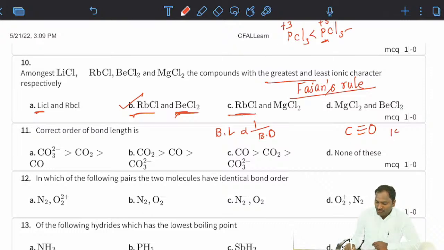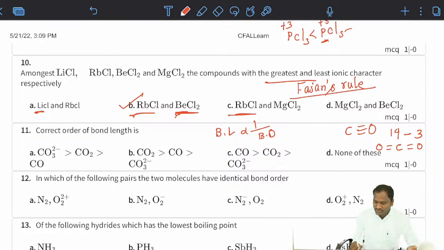Since it is having 14 electrons, carbon 6, oxygen contains 8 electrons, so total 14 electrons, its bond order is 3. In CO2 you know CO bond order is 2. So out of CO2 and CO, which is having highest bond order? CO. So it is having least bond length, CO2.